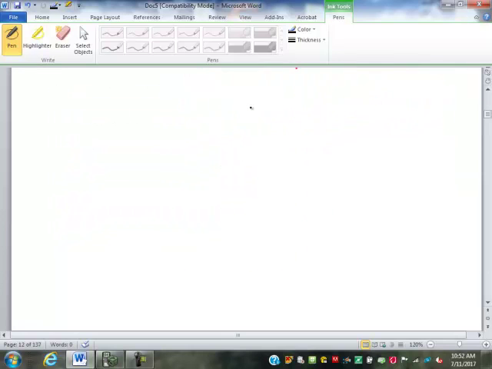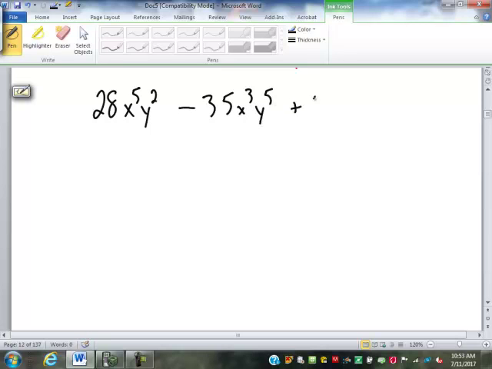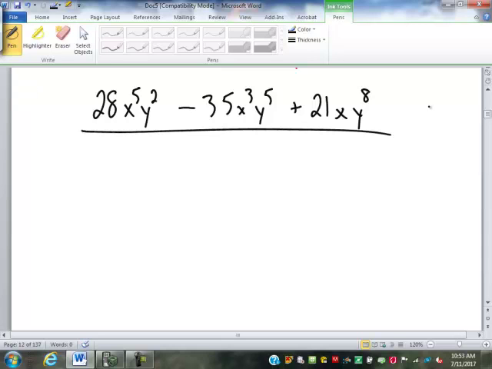Might be asked to divide. 28x to the 5th y squared minus 35x to the 3rd y to the 5th plus 21x y to the 8th, divided by 7x y squared.